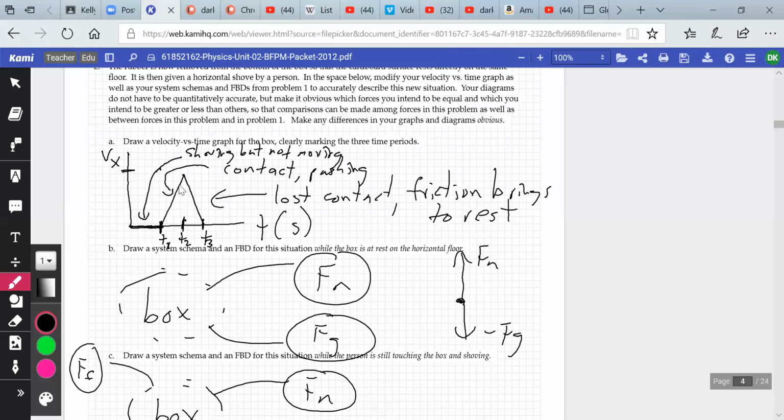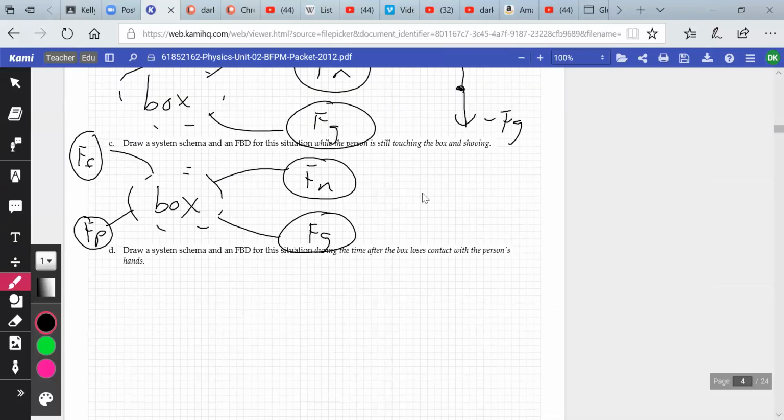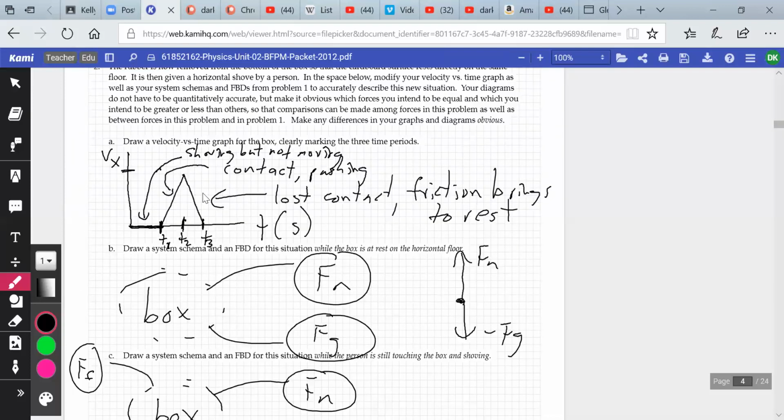In this case here, I may have my pushing force be 5 newtons and my kinetic friction be 1. So I'm unbalanced in my direction. I'm able to push the object forward. And then the object comes to rest at this point, under the influence of kinetic friction.